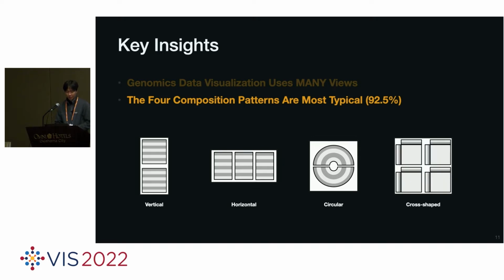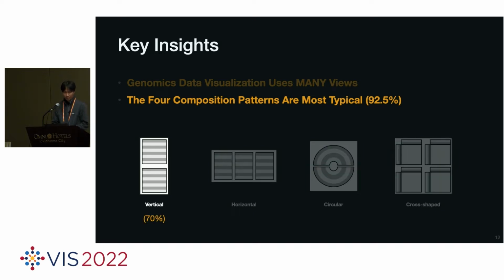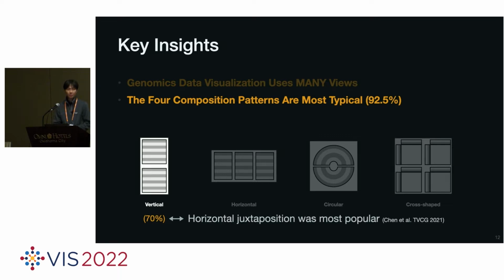And lastly, cross-shaped composition that uses matrix visualization and juxtaposes views in 2 or 4 directions on top of the matrix. The vertical composition was the most popular one in our survey, covering 70%. And interestingly, again, this tendency was different from visualizations outside genomics, where their survey showed that horizontal juxtaposition was the most popular one.